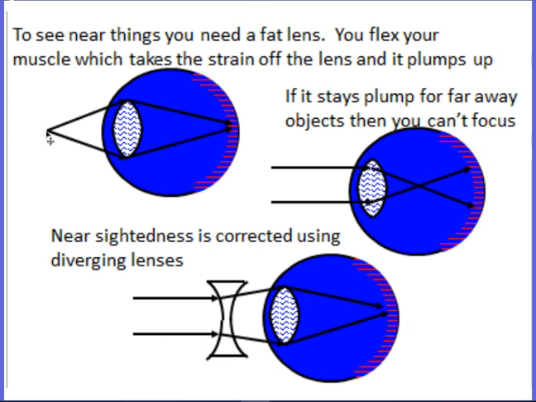So, eye problems. If you are looking at something close up, you need to bend the light a lot. You need a plump lens. But when you look at something far away, you need to bend the light less. You need a thin lens. But if your eye will not go thin, if it stays too plump, then you will bend the light too much and you do not get a good image.